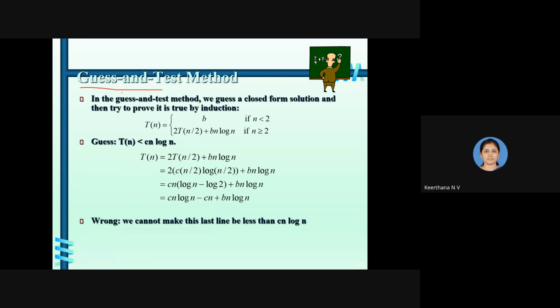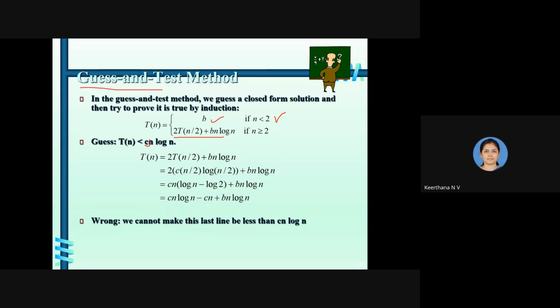It follows a brute force approach for finding out which is the best method. Here in the guess and test method, if n is less than 2, the same thing applies. If n is greater than 2, you follow guess and test. Each time it is divided by 2 and you take log of n.